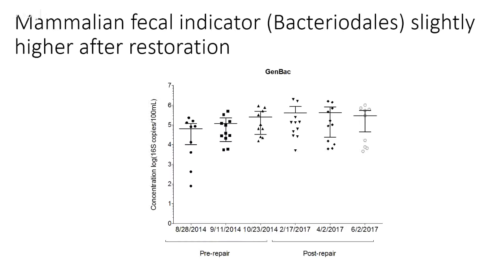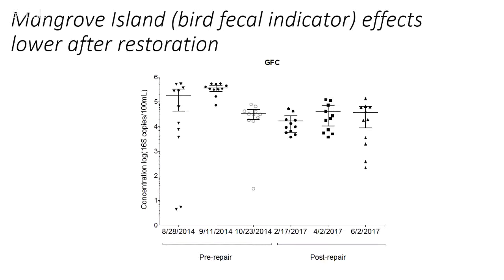And then the last one, which is the bird's fecal indicator, actually decreased slightly. And we think that this might be because it's not a bacteria that is so dependent on the fresh water, compared to Bacteroidales and Enterococcus.